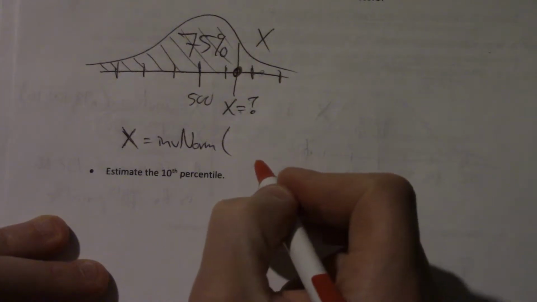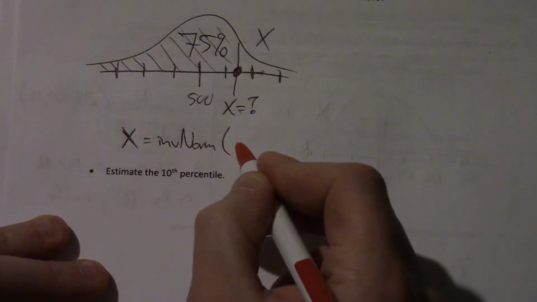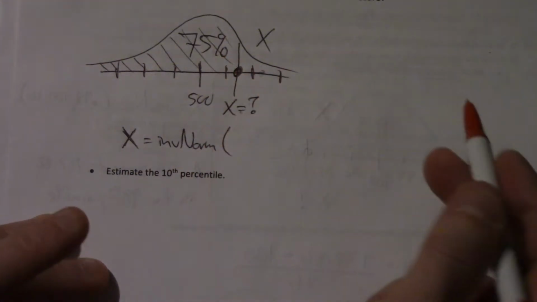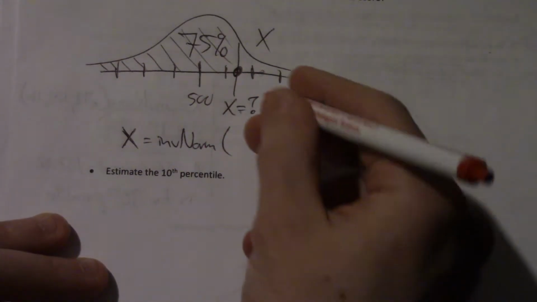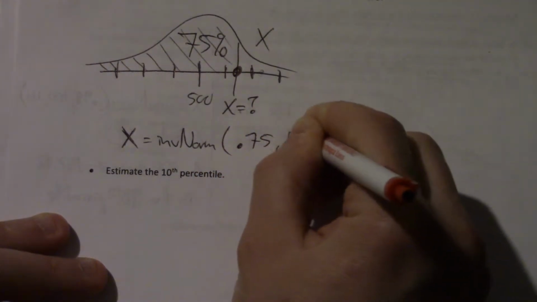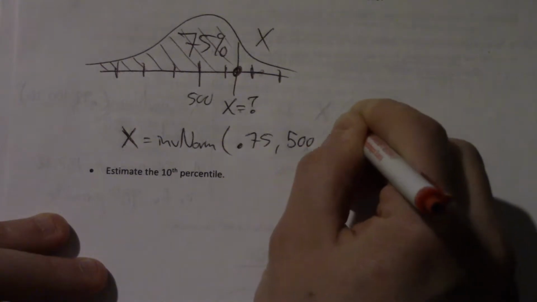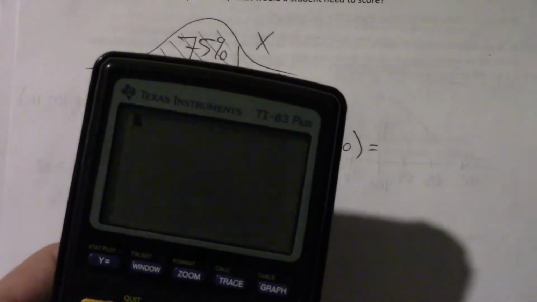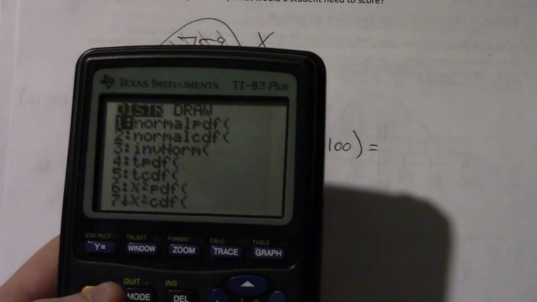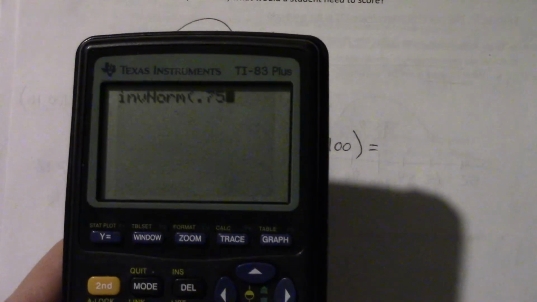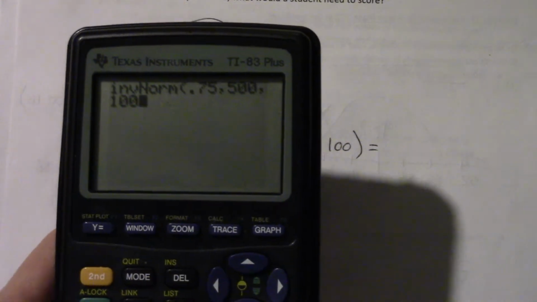Again, the first thing we tell it is how much of the distribution is to the left of the point we want. Percentiles are nice because they always tell us what's to the left. So we have 0.75, the mean is 500, the standard deviation is 100. So 0.75, 500, comma 100.